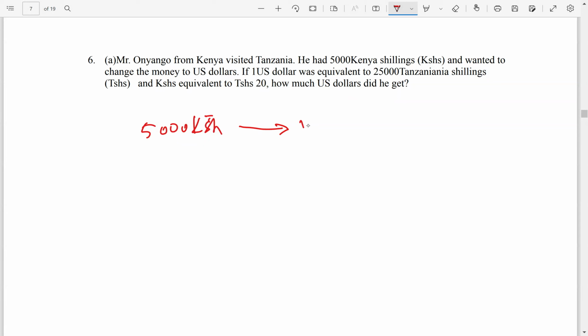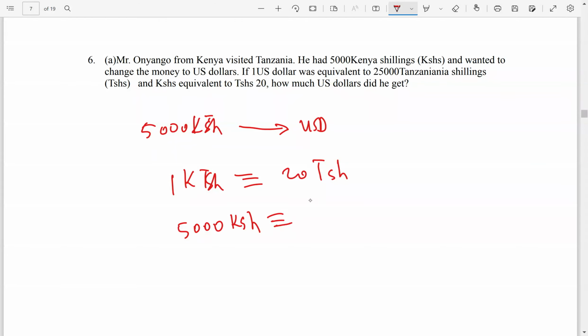into USD. Okay, so we're going to go step by step. We know that one Kenyan shilling is equivalent to 20 Tanzanian shilling. So if you have 5,000 Kenyan shilling, this is equivalent to X. For our case here, X will be 20 multiplied by 5,000.